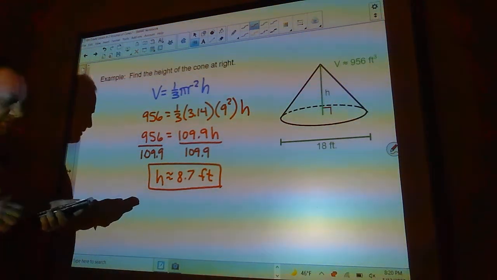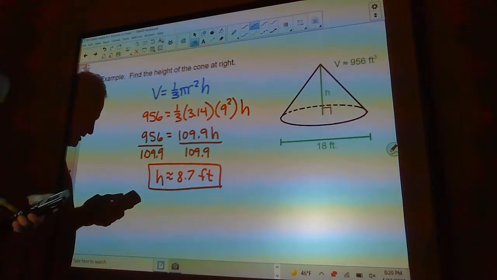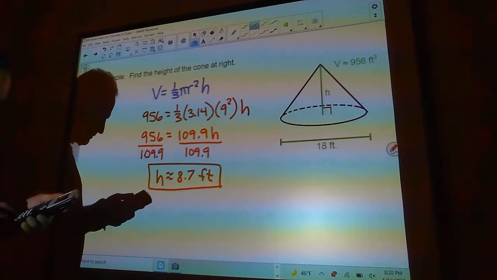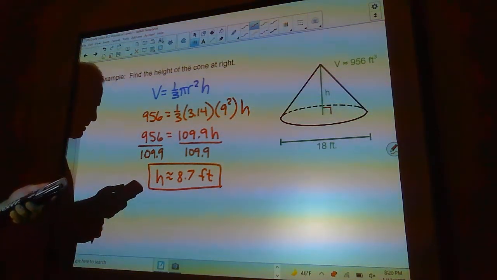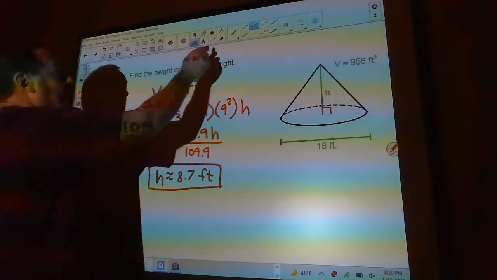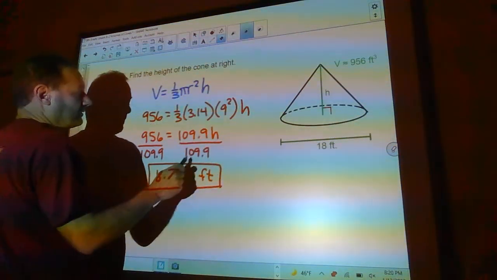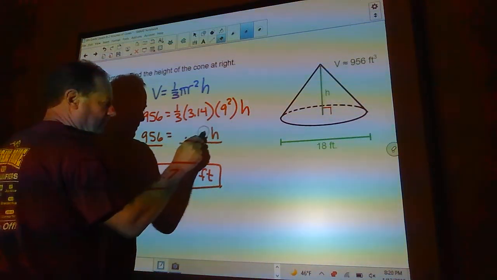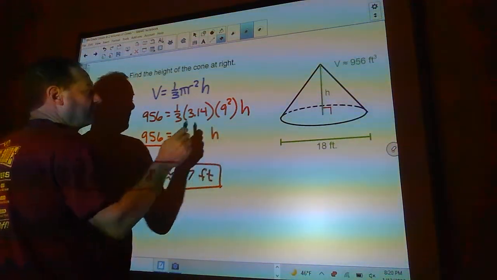So there we go. Let's double check that. Divided by 3 times 3.14. Oh, you know what? I made a mistake. Let's go back and fix this. Okay, so this happens sometimes. I don't know where I got 109.9 here. Let's try this again.